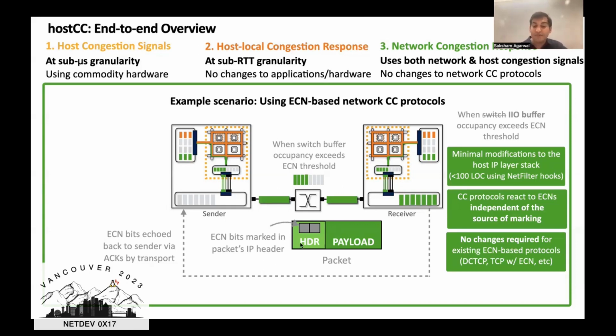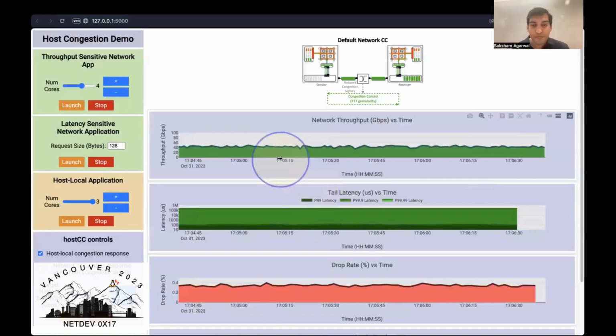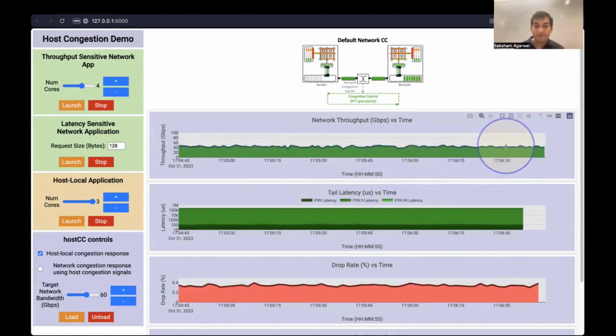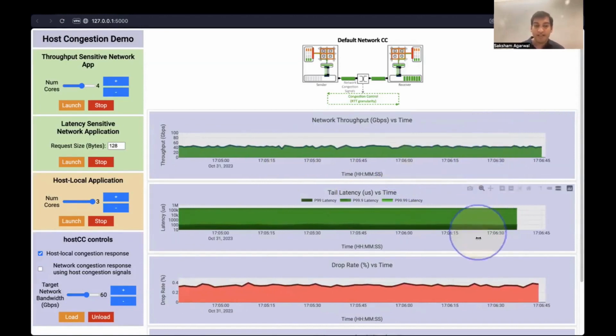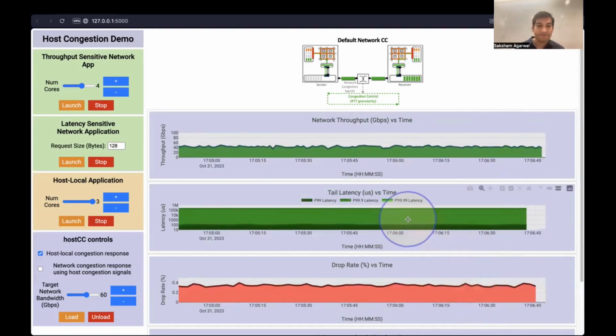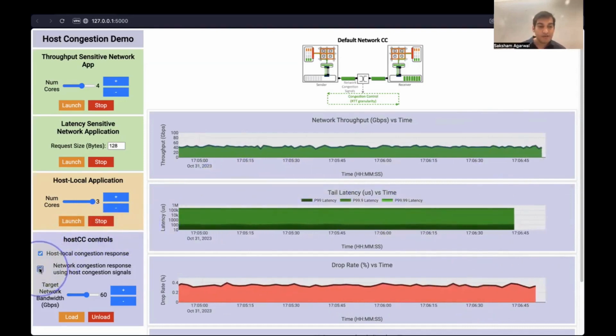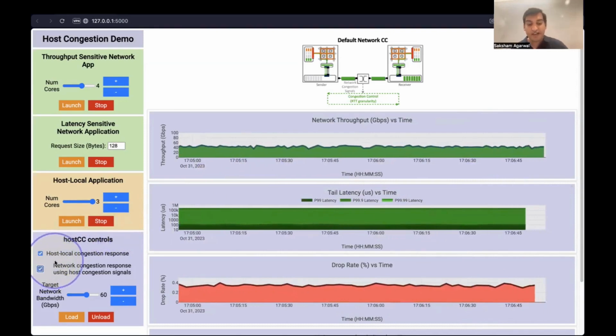Let me now show you how HostCC performance fares using the current implementation. As we can see, host congestion is turned on right now with low throughput, high latency, and high packet drop rates. Let's turn on HostCC using all its design ideas together.